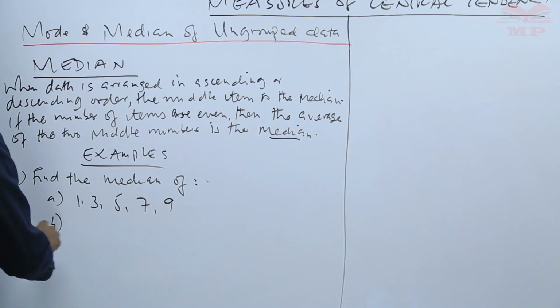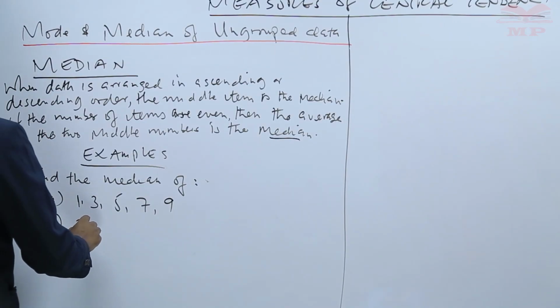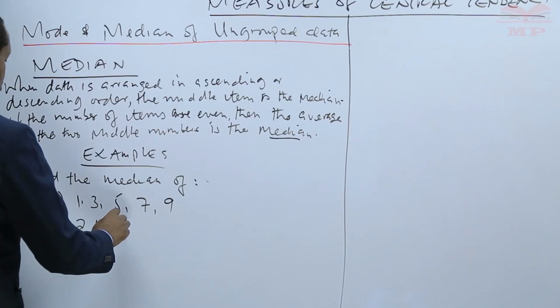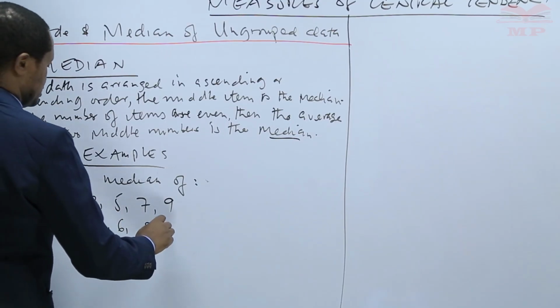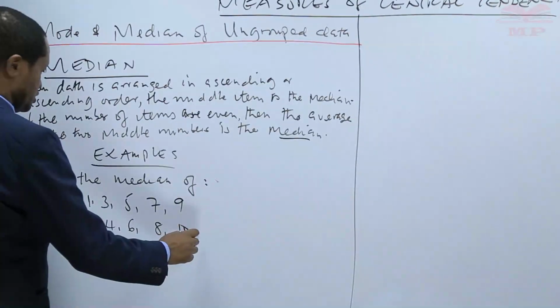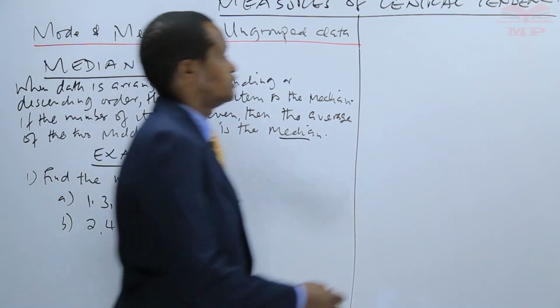Then B: 2, 4, 6, 8, 10, then we have 12. So let's answer this.